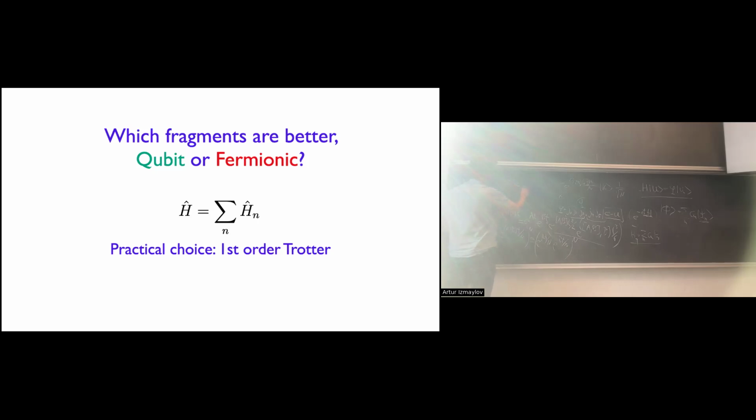Then the second order Trotter will be b delta t, then we have again the first type of terms. Okay, so this is the second order Trotter expression. You put the n steps like that.